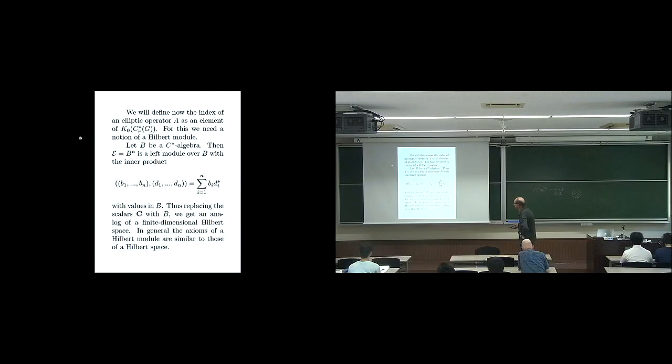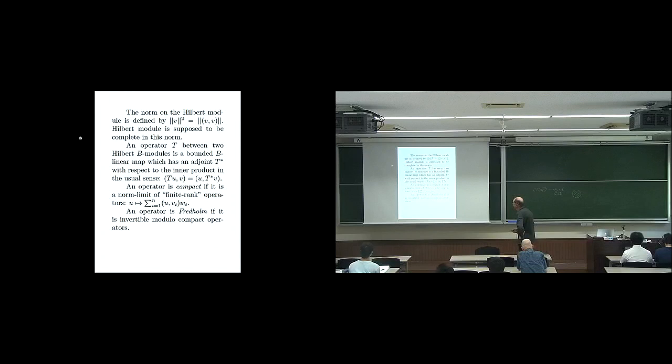But you can also generalize just the usual axioms of Hilbert spaces and obtain the definition of a Hilbert module. I need to say that the norm on the Hilbert module should be related with the inner product by this formula. That's important.